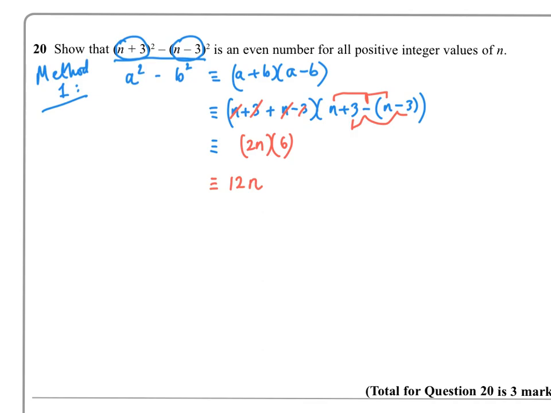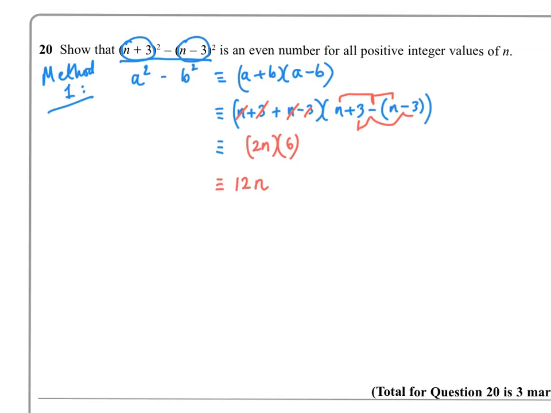Now some of you could say to yourself, well, 12's even, so if I times it by any number I'm going to get an even, and in some ways you could be correct, but you really should get this magic number here, the first even number, 2, and make that appear in your workings. Because then, no matter what n is, it will be times by 6, but then at the very end it will be doubled, which will always make it even.